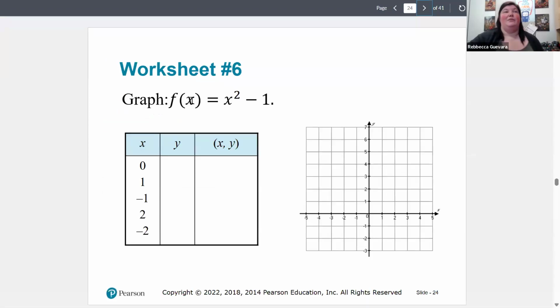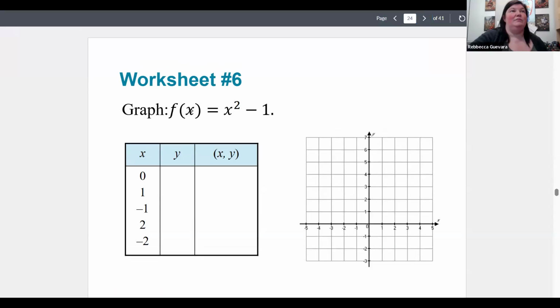So this should also just be a straight line. And now this one we do have written as f of x. So when we're looking for y's, we're really looking for f of x. So we already have a list of x's to look at.